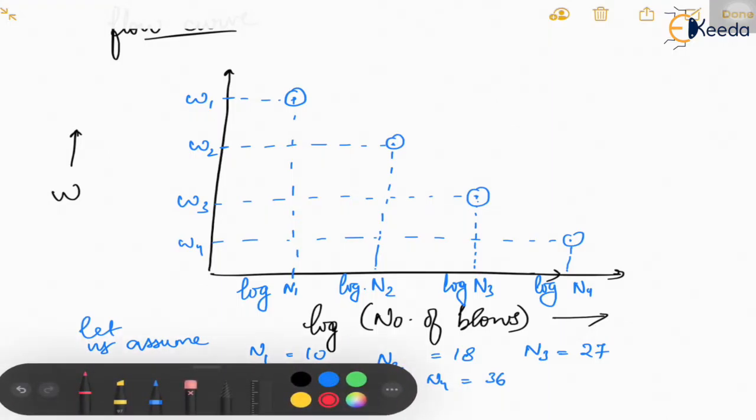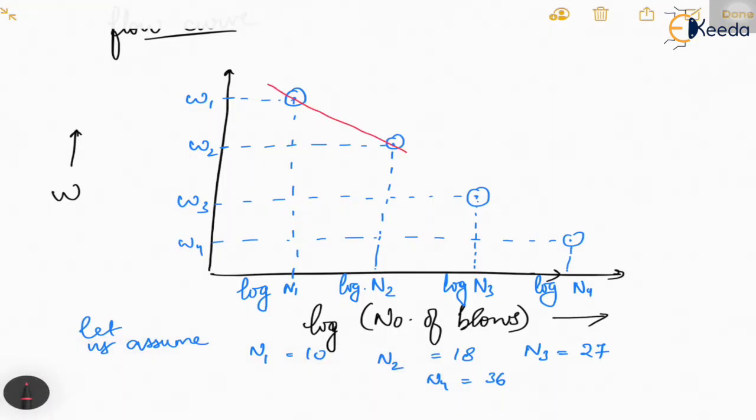Next, we need to join these points. So this comes out to be a straight line. We need to draw it as straight as possible. Mostly it is observed that a straight line is generally found, but there might be some unexpected error which might cause trouble.